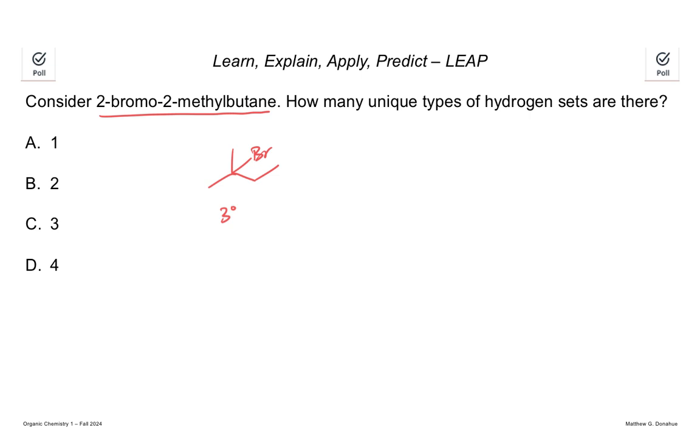There's some symmetry to the molecule, so we would end up with 3 sets, and that would be 6, 3, 2. The two methyl groups are the same, so that's the 6. That methyl group is different, that's 3. And then the methylene is 2.